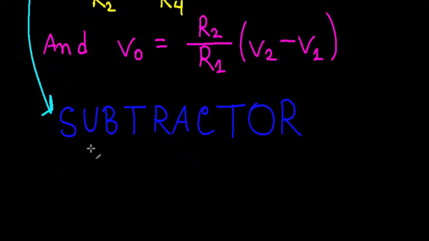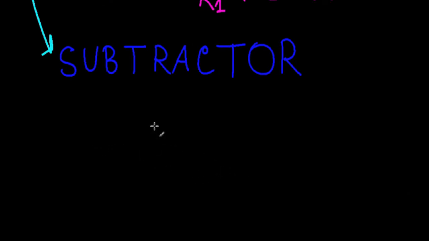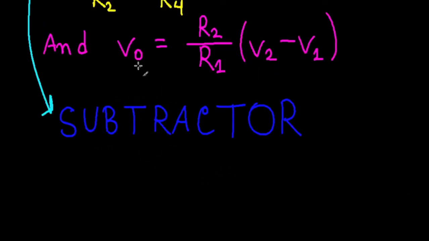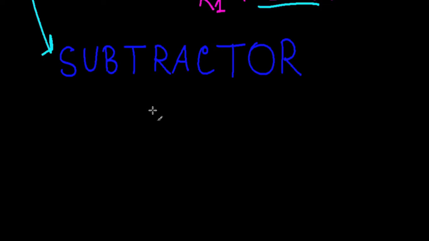So we have the output equals some gain, or some amplification, multiplied by V2 minus V1. But what if we want the output voltage V output to be equal to just the difference between the two supply voltages?